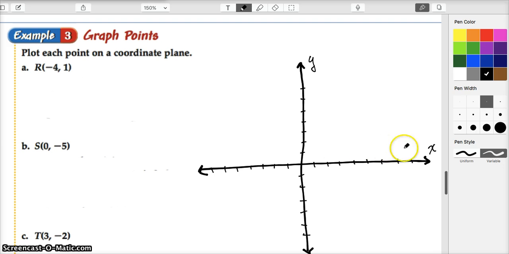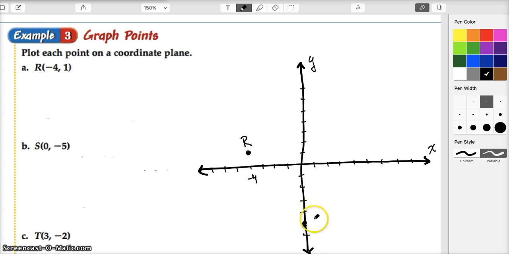So let's go ahead and graph, taking our time. We're going to graph (-4, +1). So we start at the origin, move back 4: 1, 2, 3, 4. And that's at -4. And +1 is up 1 right here. So that will be R. S is located at (0, -5), so don't move left or right, and go down 5: 1, 2, 3, 4, and 5.